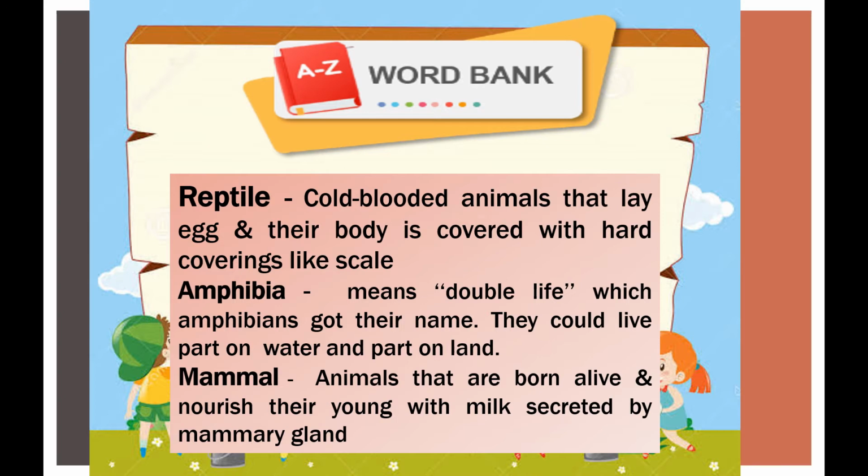Amphibia means double life, which amphibians got their name. They could live part on land and part on water. Another, mammal, animals that are born alive and nourish their young with milk secreted by mammary gland.